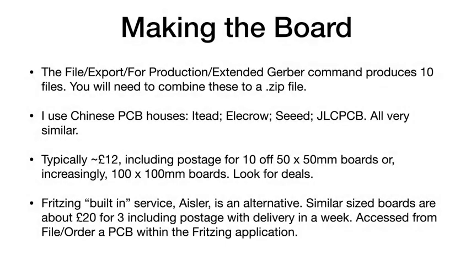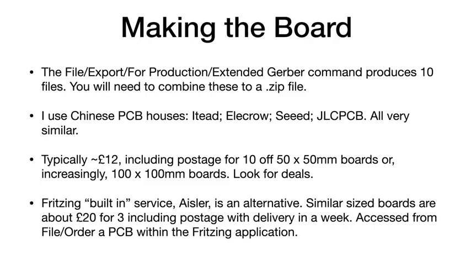The export from Fritzing will produce 10 files. These need to be combined in a zip file or similar. You now need to find someone to make it. The cheapest route, and the one I've always used, is the Chinese manufacturers. I've listed the 4 I've used, but there are others. I paid between £8 and £14 for 10 boards, depending on the exchange rate and the postage rates.